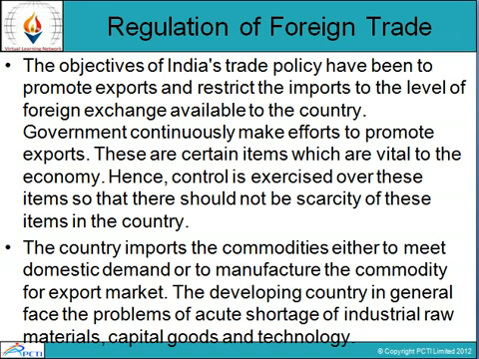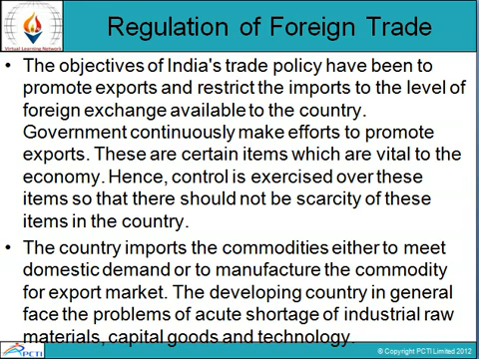There are certain items which are vital to the economy. Hence, control is exercised over these items so that there should not be scarcity of these items in the country. The country imports the commodities either to meet domestic demand or to manufacture the commodity for export market.